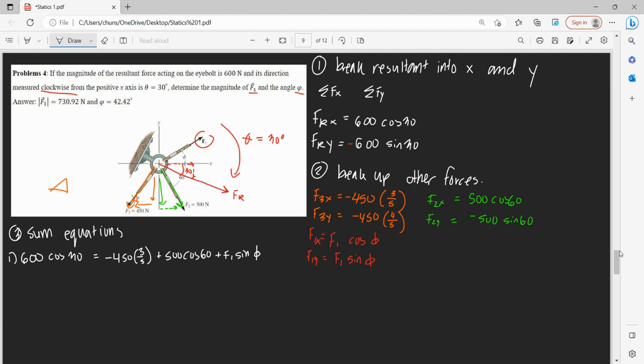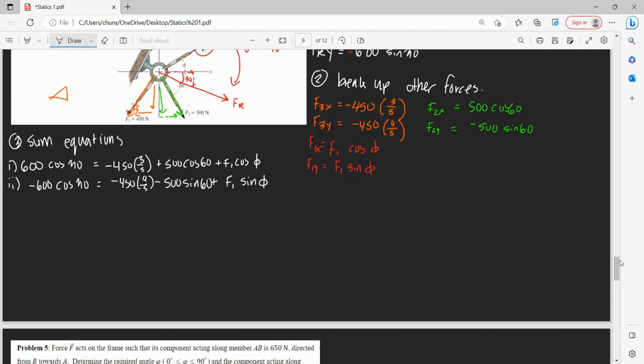So that's equation 1. Equation 2, we have negative 600 sine 30 is equal to negative 450 times 4 over 5, minus 500 sine 60, plus F1 sine phi. This is meant to be cos, sorry. So now we're going to isolate for our F1 terms.